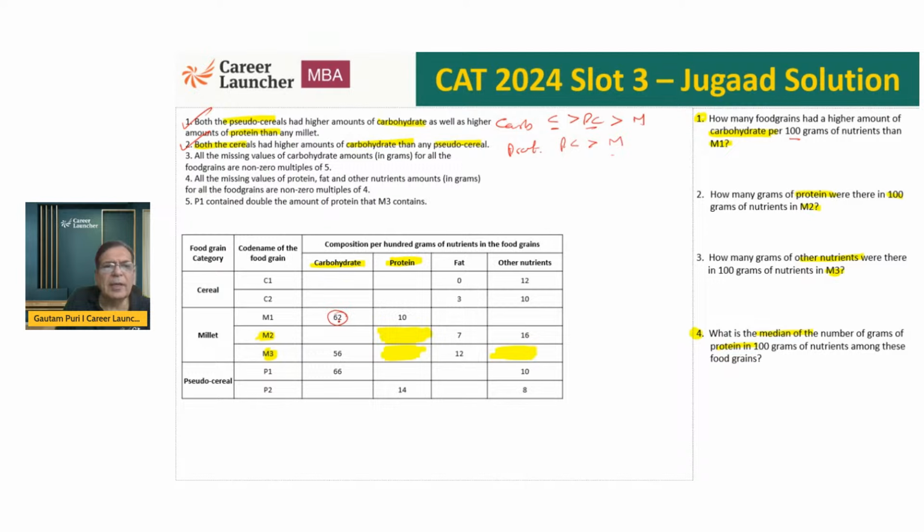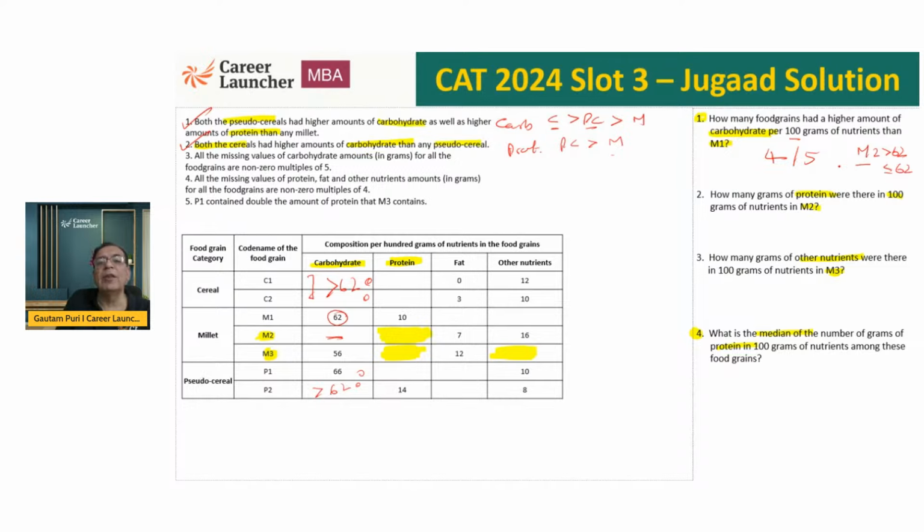If carbohydrate in millets is 62, then both the cereals should be greater than 62, and similarly this P2 should be greater than 62. How many? 1, 2, 3, and 4. And there's M2 also. Is M2 greater than 62? We don't know. So the answer will be 4 or 5 depending upon whether M2 is more than 62 or less than or equal to 62.